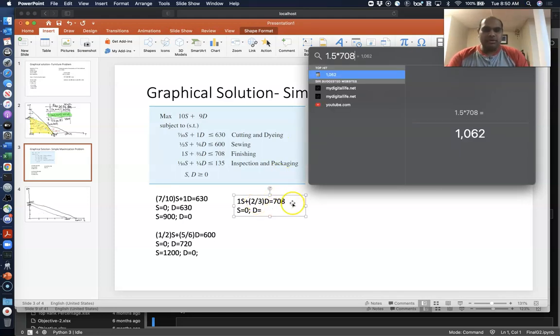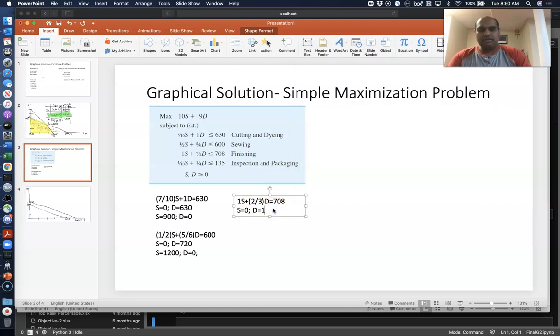So 2/3 here becomes the 3/2 on the other side, so 1062. So it's simple. You plug in S is equal to 0, you get 2/3 times D. So you multiply both sides by 3, divide both sides by 2. You'll get the value of D. It will turn out to be 1062.